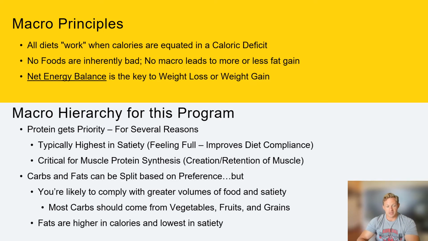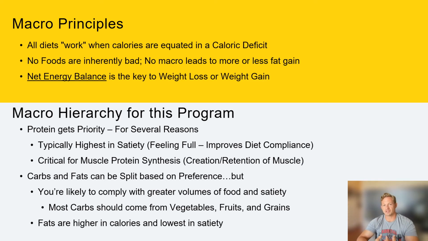However, there are some things to consider. Remember, fat has a higher caloric value, so you're going to be able to eat less fat and get more calories compared to carbohydrates. You might be able to get more voluminous food. So again, if you're eating in a deficit, you're going to want to increase fullness, satiety, and energy.